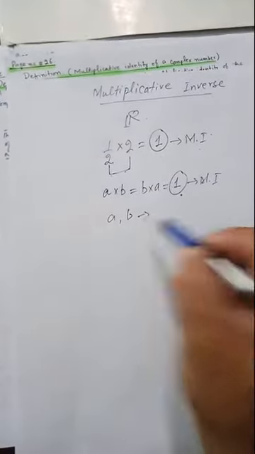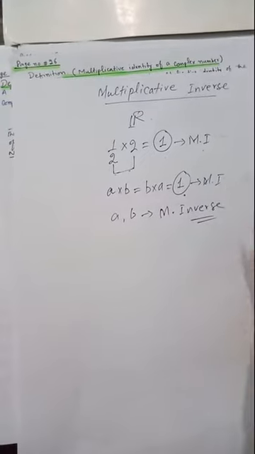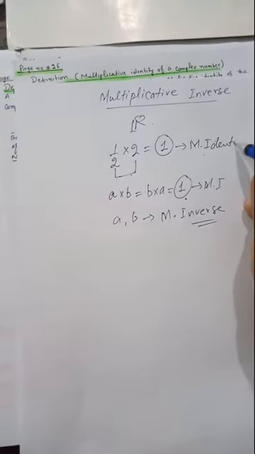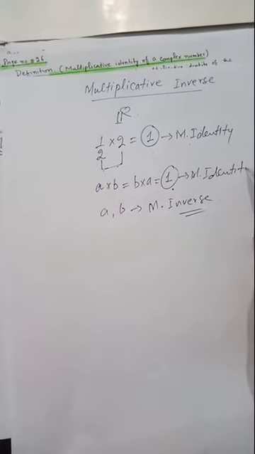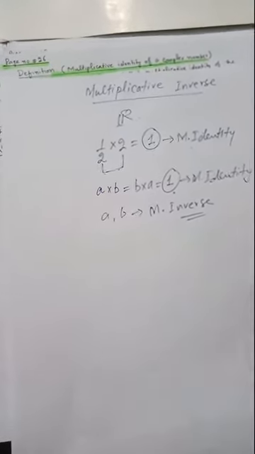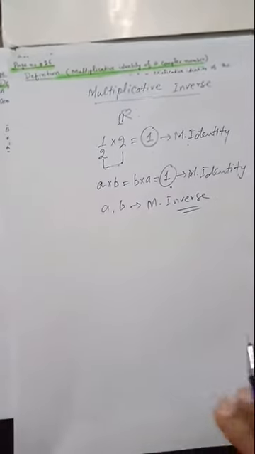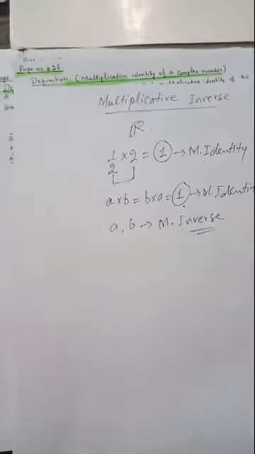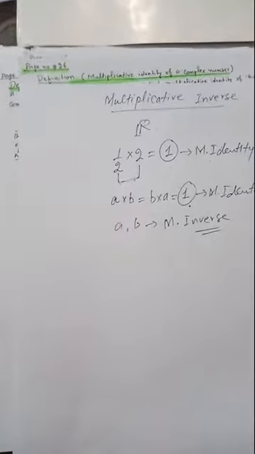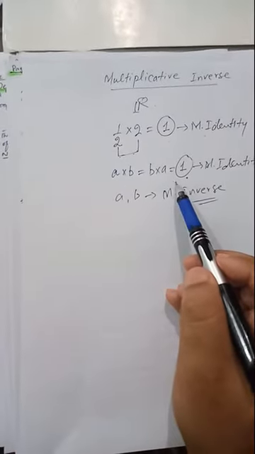Identity and inverse both start with I, so sometimes I write mi for multiplicative identity and sometimes for multiplicative inverse, so that's why I write the full word identity here. So these are multiplicative inverses, because from the multiplication you get the multiplicative identity.